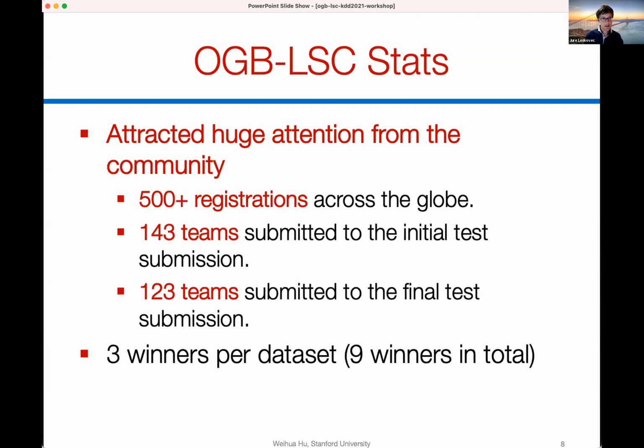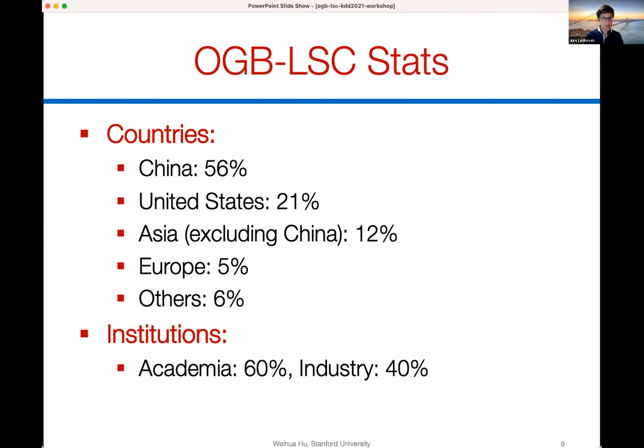As I said, we released 3 data sets. So we have 3 winners per data set, so 9 winners total, or we have 3 places, top 3 in each of the 3 data sets. In terms of participation, about half of the participation comes from China, a quarter from United States, and then the rest from the rest of the world.